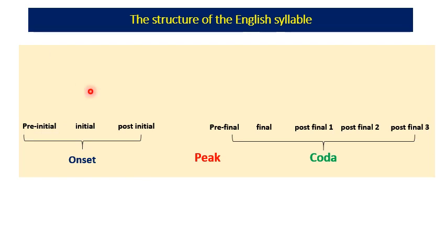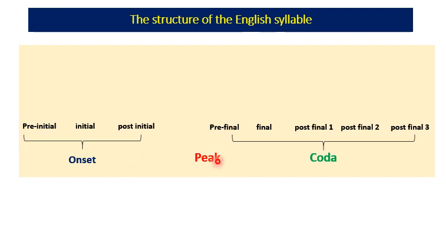Actually, there is a very important question that we have to ask, and we all have to know that. Is it always pre-initial for the first consonant, or is pre-final always for the first consonant? Actually, the answer is no, because there are specific consonants that take pre-initial and pre-final.